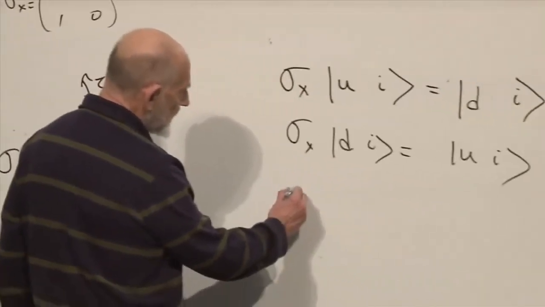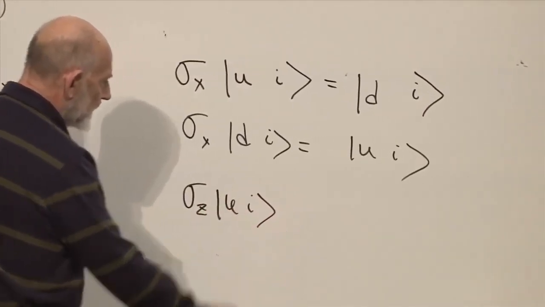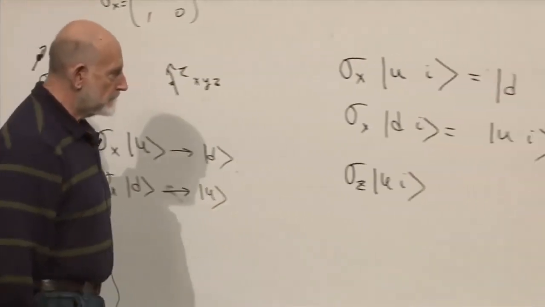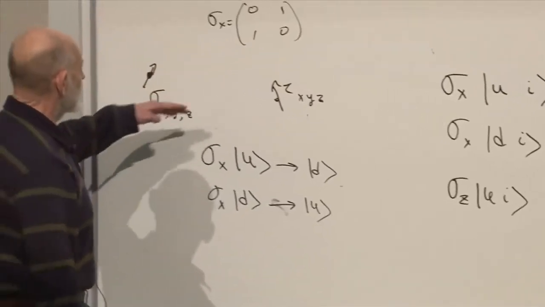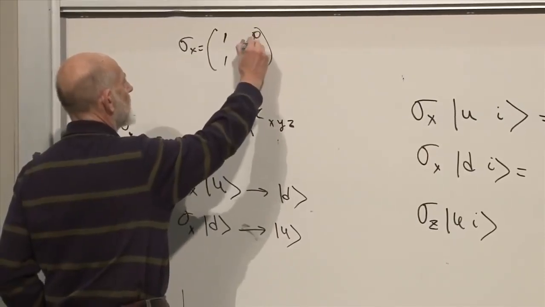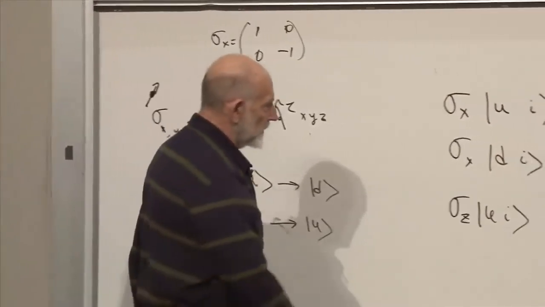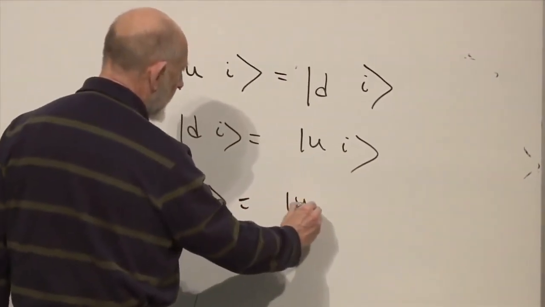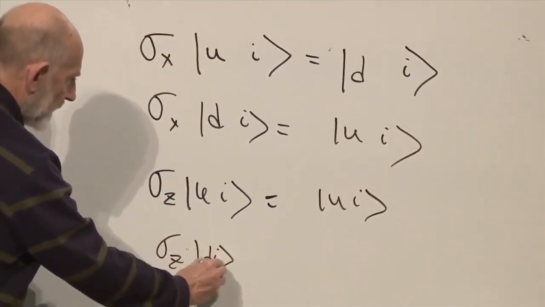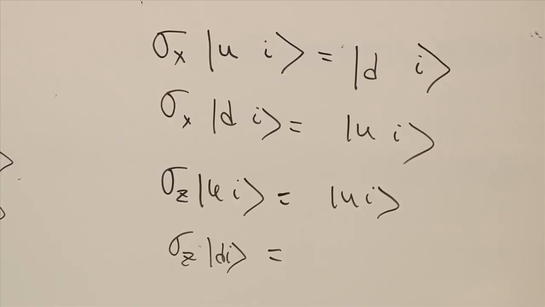On the other hand, let's do one more sigma. Sigma z on up I. Well, what does sigma z do when it acts on up? Sigma z is 1, 0, 0, minus 1. It just gives back up with value 1. So that's just up I. And what about sigma z on down I? Well, what happens when sigma z hits down? Minus down.